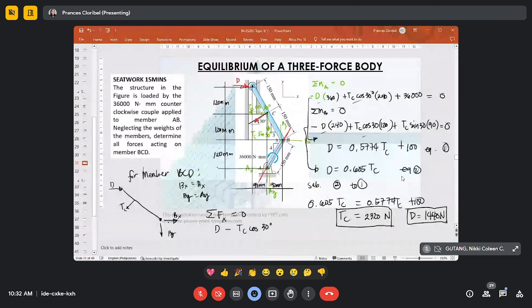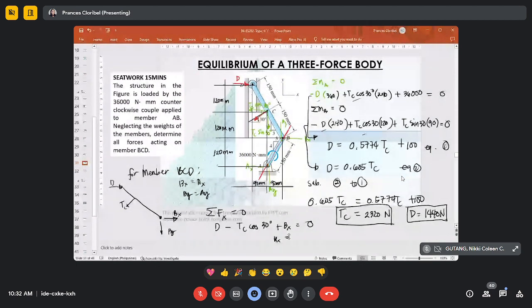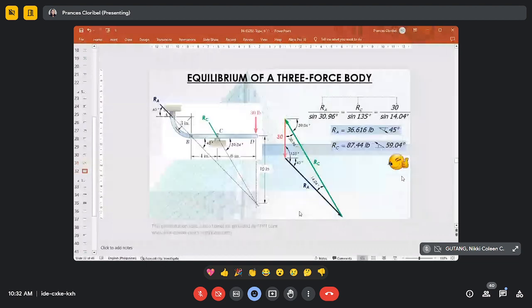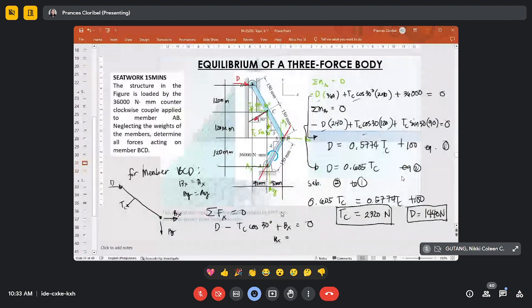Equating to 0, we get Bx. Bx will be equal to 570 newtons, going to the right. Positive, so it is going to the right.